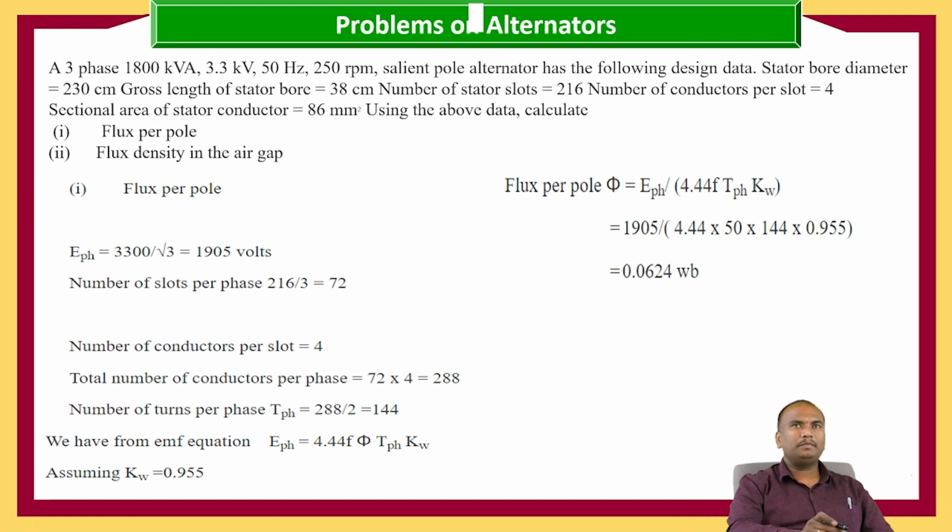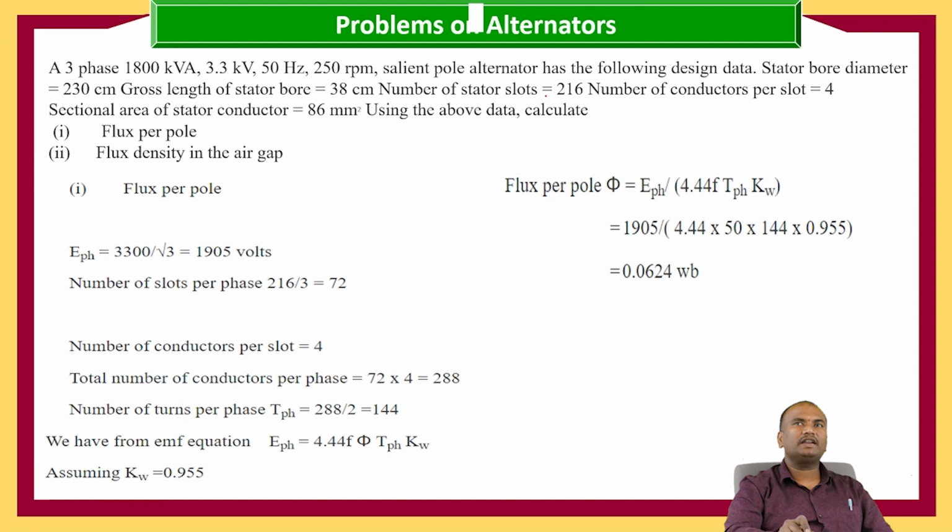Now the next problem is a 3-phase 1800 kVA, 3.3 kilovolts, 50 Hz, 250 RPM salient pole alternator that has the following design data. Stator bore diameter is 230 centimeters and gross length of the stator bore is 38 centimeters.